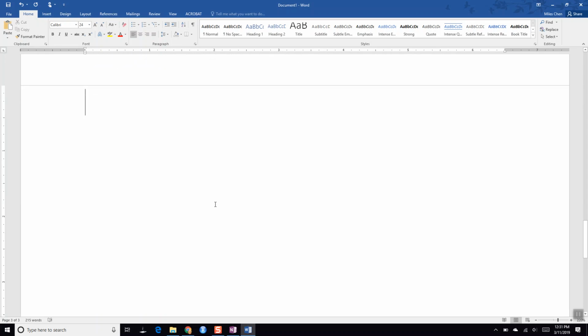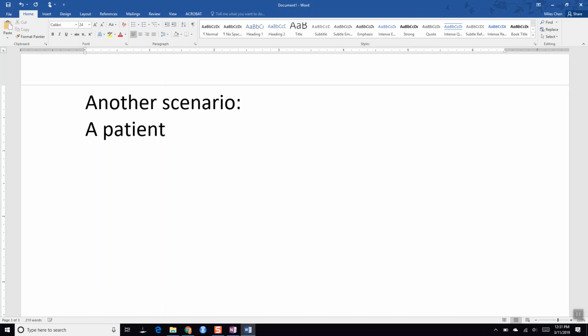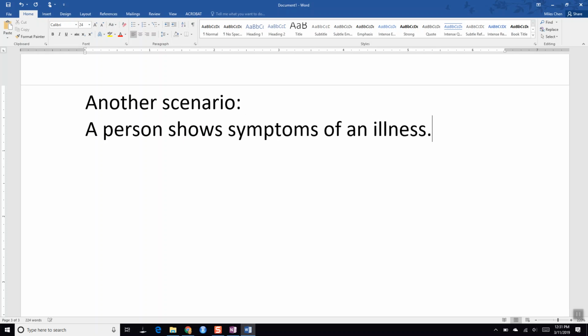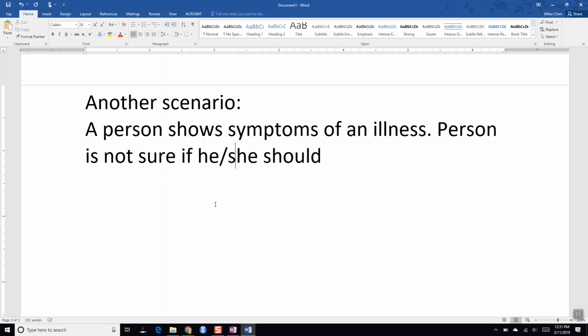Here's a different scenario. Okay. A patient or a person shows symptoms of an illness, and the person is not sure if he or she, I'll just say they, singular they, should seek medical attention.